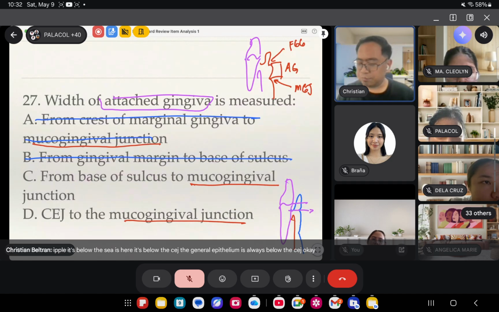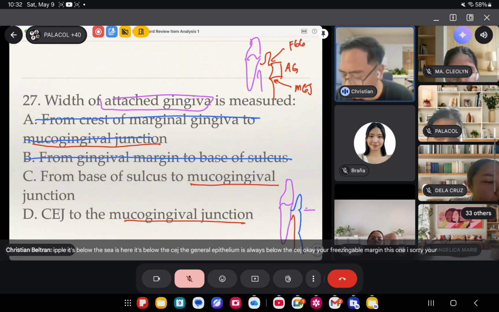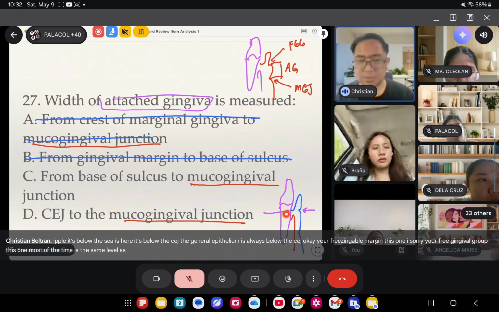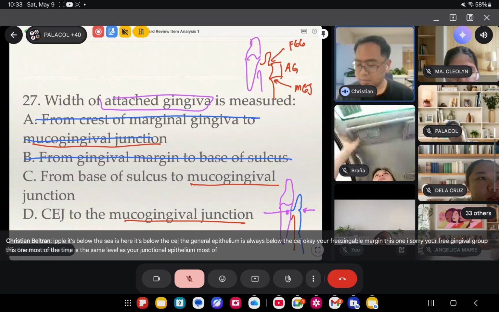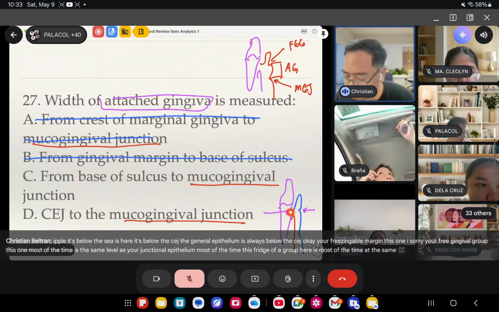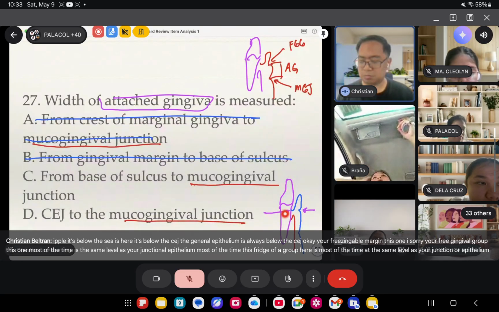Your free gingival margin and your free gingival groove are most of the time at the same level as your junctional epithelium.